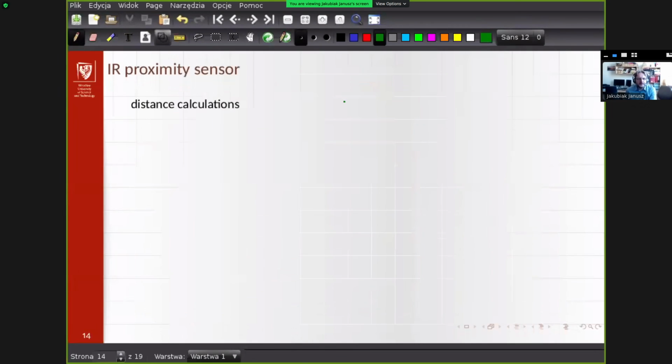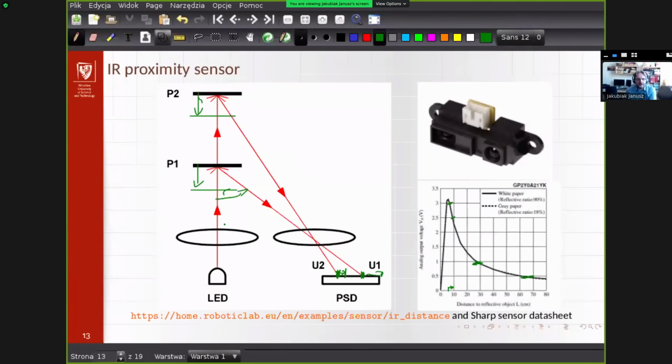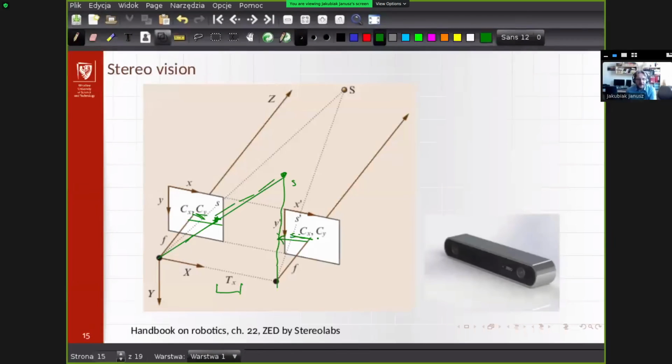Okay, and the way of calculating is more or less the same. The only problem, well, we can say only, but in fact it is a difficult one to solve, is that you need to detect an object, and you need to know that it is exactly the same object.